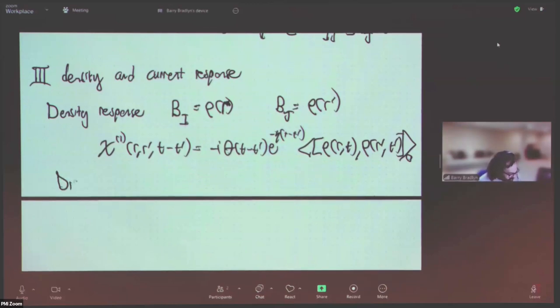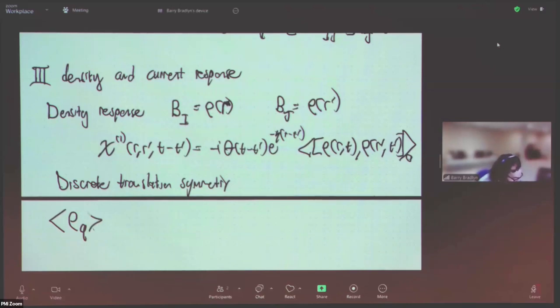So for discrete translation symmetry, this means we look at the average of one Fourier component of the density at frequency omega.